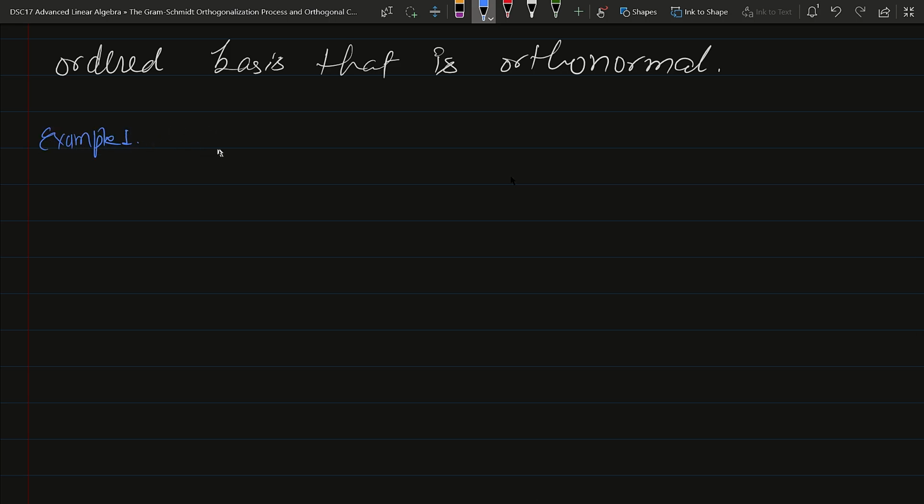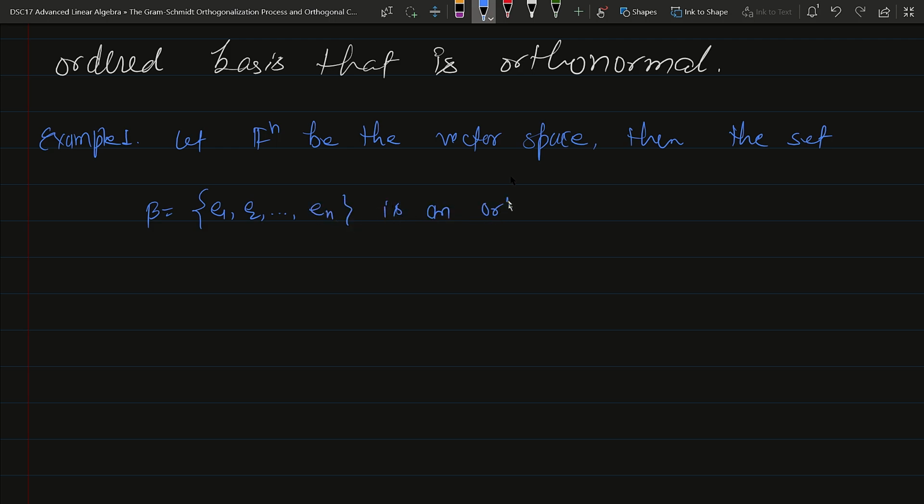Example 1 says: let Fn be the vector space, then the set beta equals E1, E2 and so on, En, is an orthonormal basis for Fn, okay.